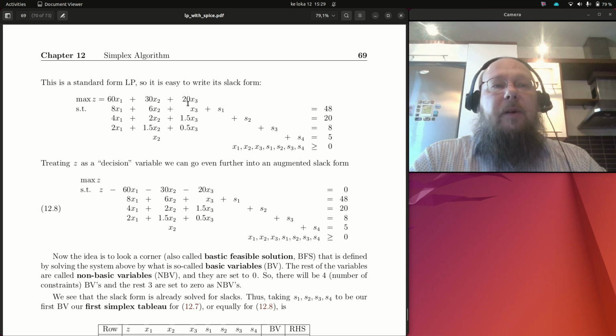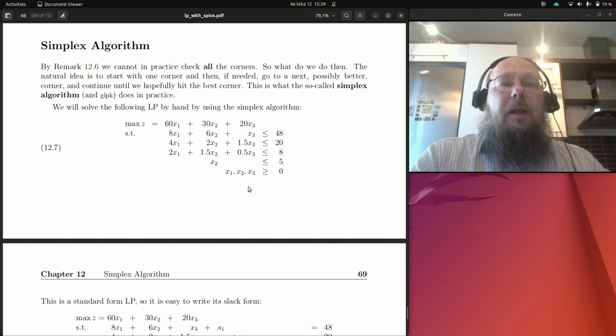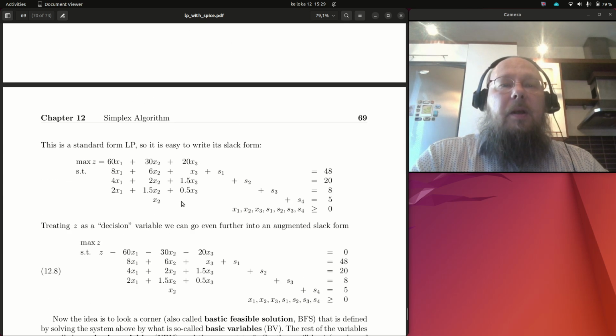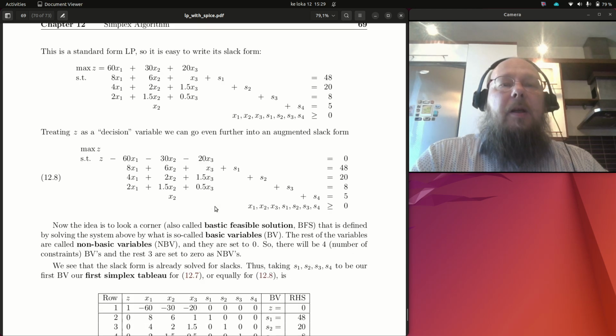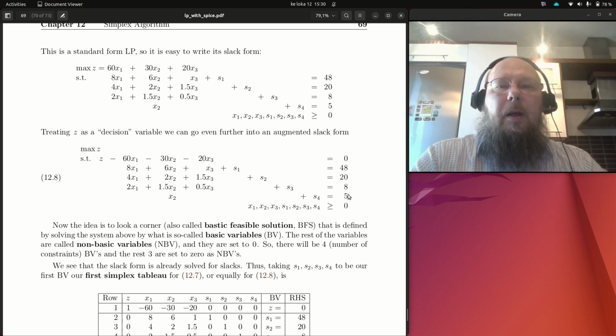So this objective function becomes formally a constraint. If you think about it a little bit, you will notice that this original system is the same as this system, is the same as this system. And now in this system, all the problem data is in this block here with equalities.